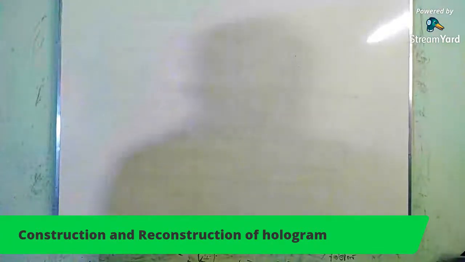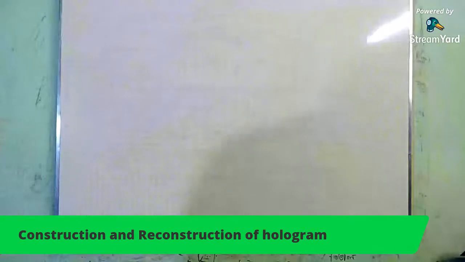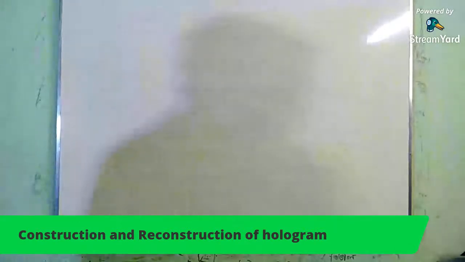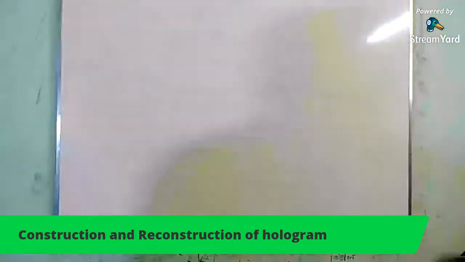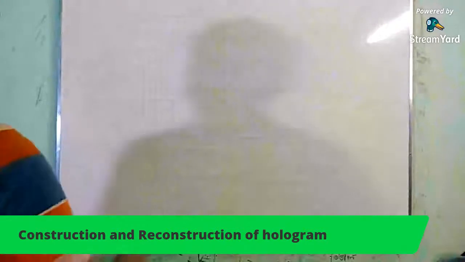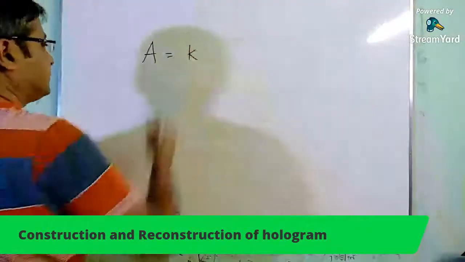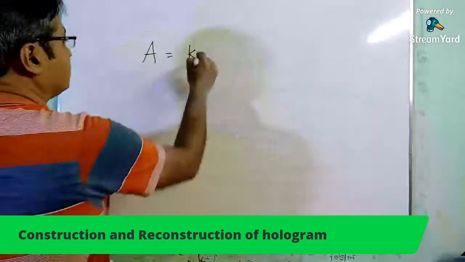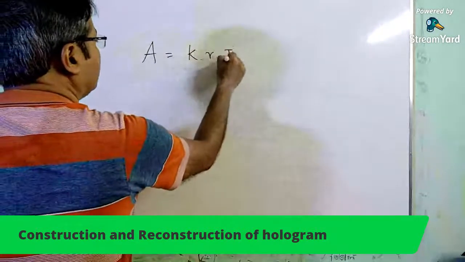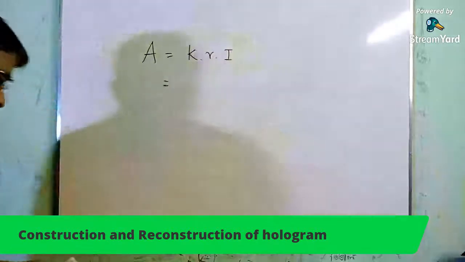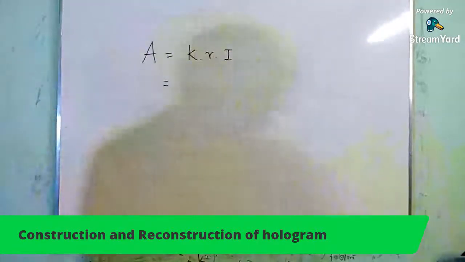Now, if the original reference beam is used to illuminate the hologram, then the complex amplitude of light just after passing the hologram will be capital A, that is some constant K, the proportionality constant, into r into I, where K is a constant of proportionality.